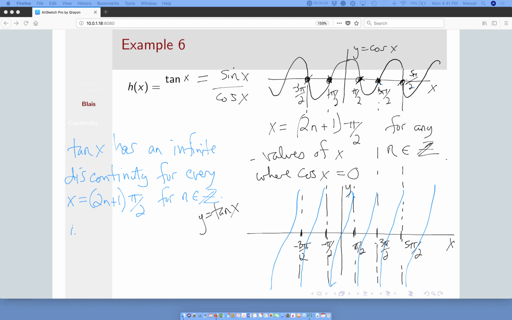In other words, at every odd integer multiple of pi over 2.